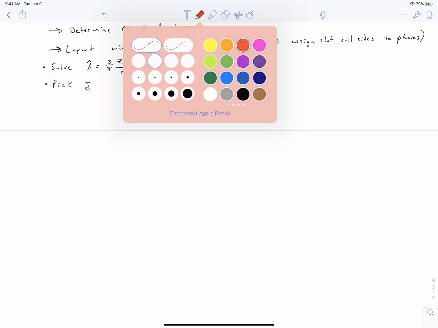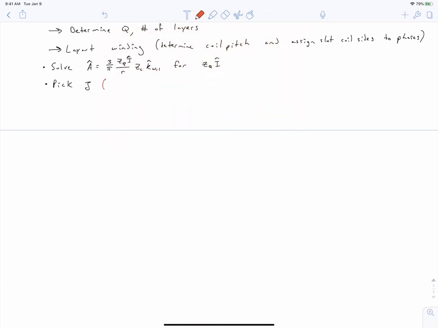And you can do this by referring to table 6.3 in your book. So the current density in our conductor is related to the type of cooling that we use. And typically for air-cooled machines, a value of 3 to 5 amps RMS per millimeter squared is used. If you go higher than that, you risk overheating your coils and melting your insulation.